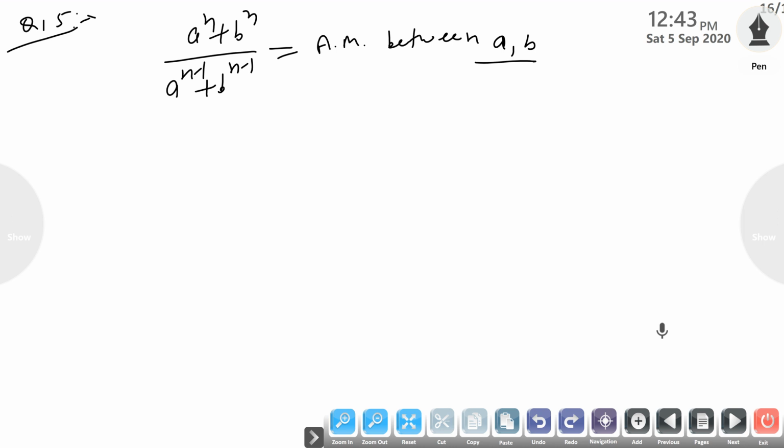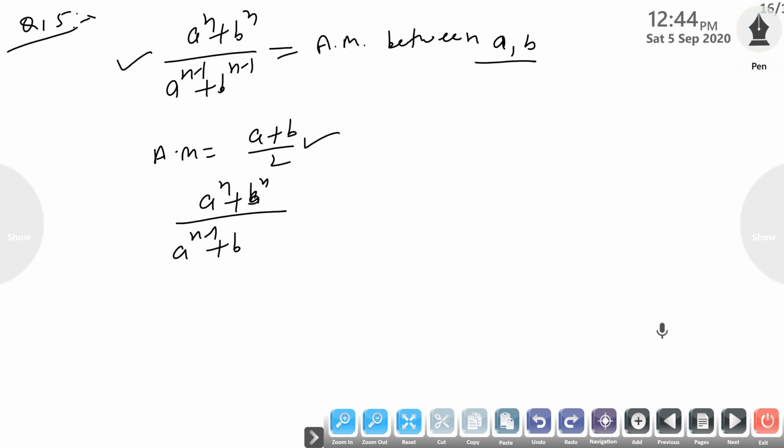We know that the arithmetic mean between a and b is (a plus b) by 2, and this is also given to be the arithmetic mean. By equating these two, we get (a^n plus b^n) upon (a^(n-1) plus b^(n-1)) equal to (a plus b) by 2.